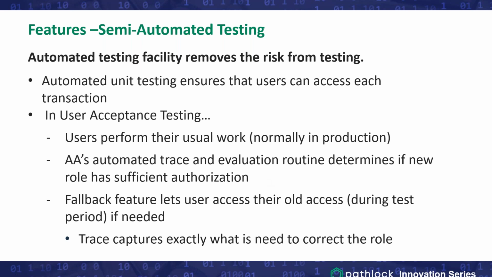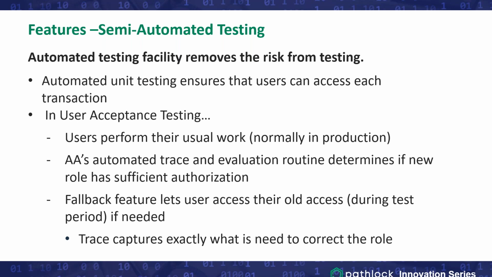One of the final features I wanted to mention is the semi-automated testing. And this is a really cool feature. Ideally, you would run this in production, but you may run it some in QA as well. You may, if you have to do that to satisfy your change management people.